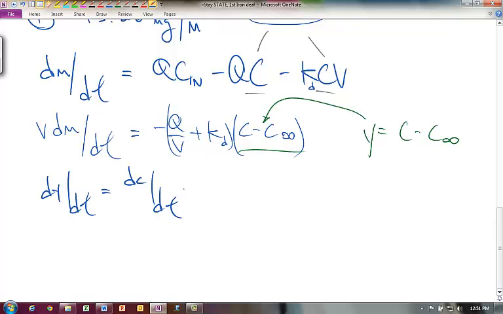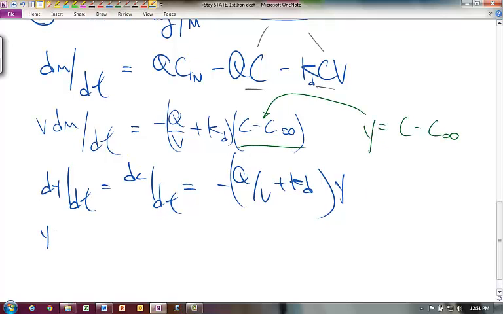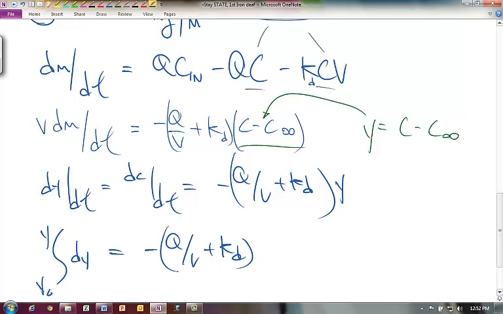dy/dt is equal to negative Q over V, our volume, plus kd times y. All right, and so we'd integrate this, y over y naught dy, get the like terms, move t over to the right side of the equation, Q over V plus kd.